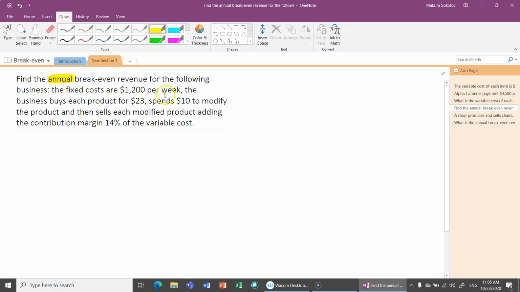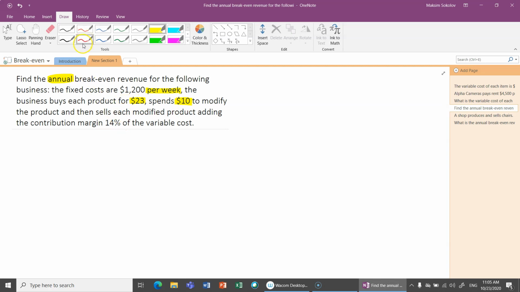However, the fixed costs are given per week, and we also keep in mind that the business buys each product, so it's a variable cost of 23, but also there is a $10 charge to modify the product. So in fact, we should be careful that variable cost will be the sum of 23 and $10.